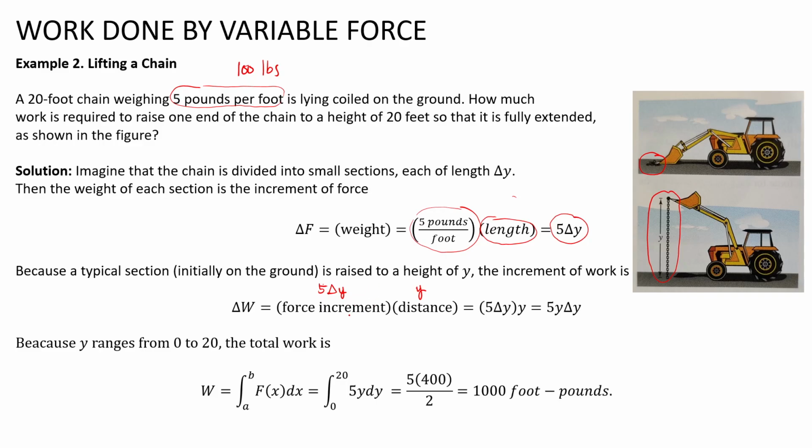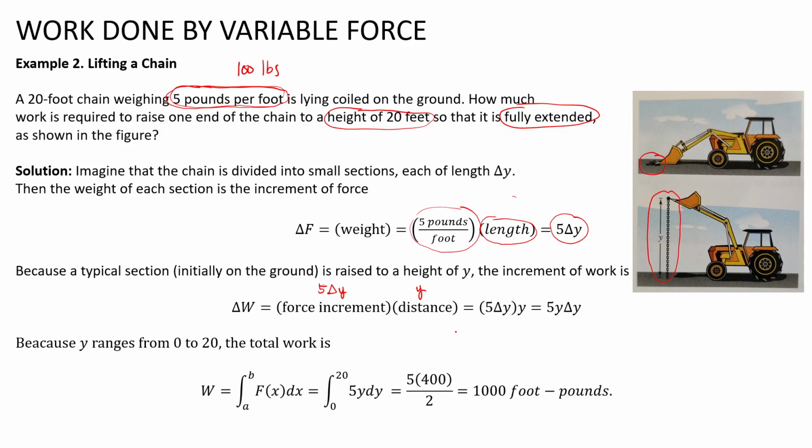The distance is not dy or delta y, because according to the problem, you need to raise it to a height of 20 feet, fully extended. So we just place the delta y in the delta F, because again, the weight of the chain is 5 pounds per foot.